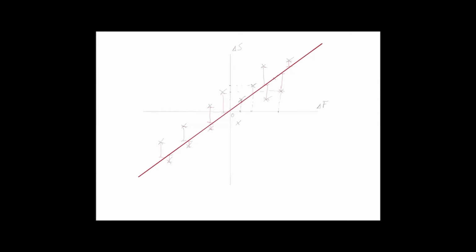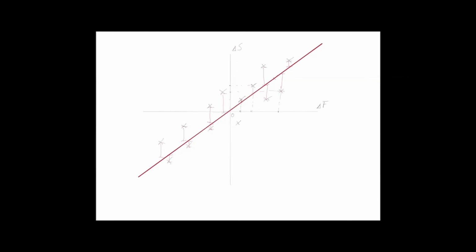And why do we square them? Because sometimes they're positive and sometimes they're negative. So if we just added them up, then they may be on average 0, but still these observations may deviate a lot from the linear line. So if we square them, then all the negative observations also become positive, and then the sum gives us a better measure of how close these points are to the linear line.